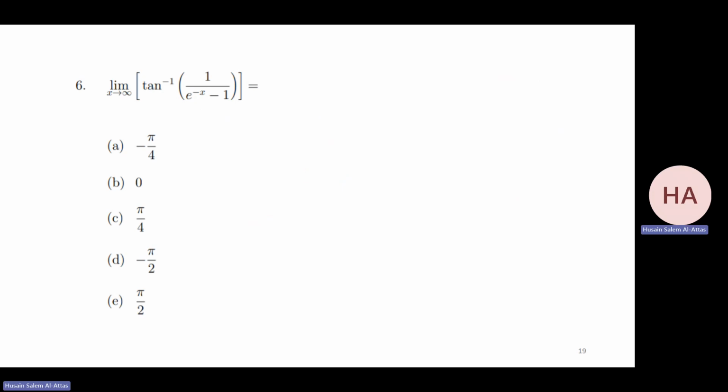Now finding the limit. Let's go to infinity of this one. First, I need to check this. Notice tan inverse is always continuous, so nothing to worry about. This one, as we said before, minus infinity will be 0. So that will be 1 over 0 minus 1, which is minus 1.